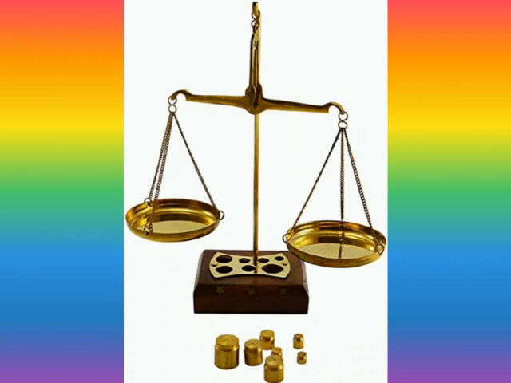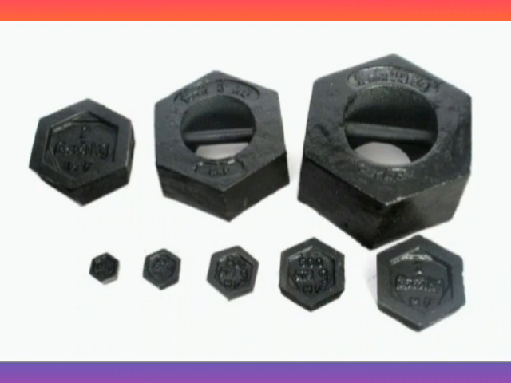Milligram and gram are used to measure smaller mass, and kilogram is used to measure larger mass. For example, the weight of a rubber or one apple or one tomato can be measured in gram or milligram because it is a smaller mass, a smaller object.